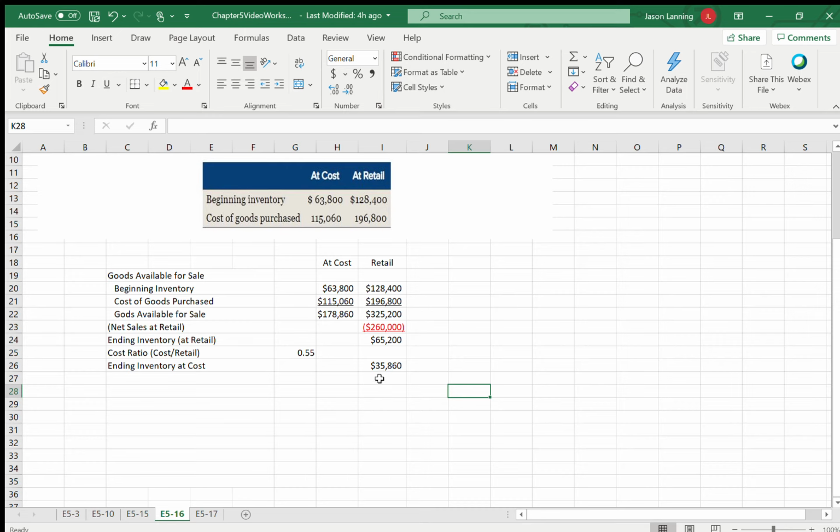Actually, I should really put this over here. That's bad on me. Let me fix this. Our ending inventory cost again is equal to our retail multiplied by our cost retail ratio, so $35,860.